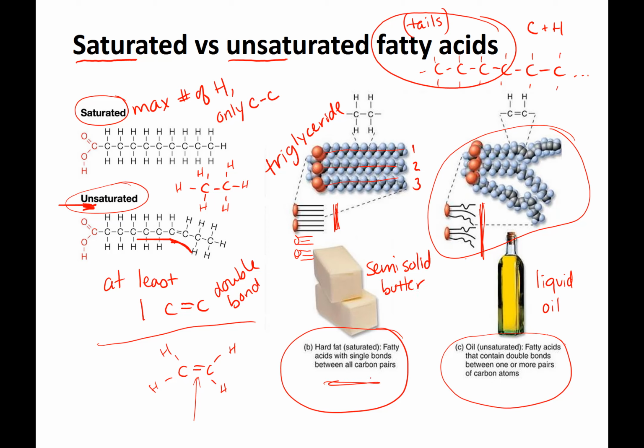So animal fats have saturated fatty acid tails. Right? Plant fats are unsaturated. And if you think about your body, this is going to be more liquidy and flowing through your veins and arteries much easier than this, right?